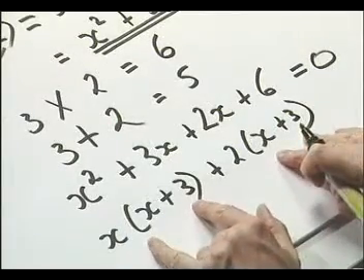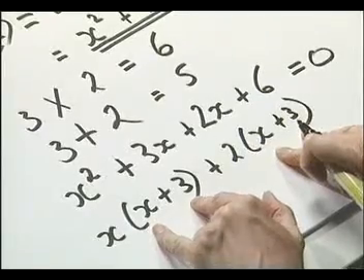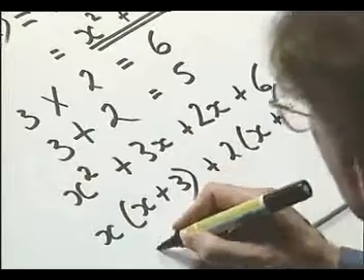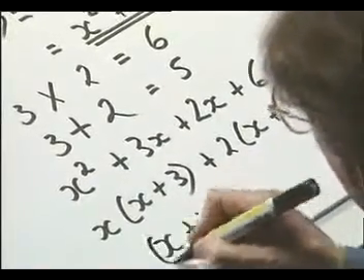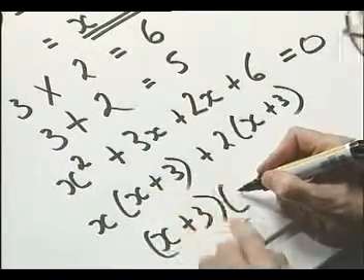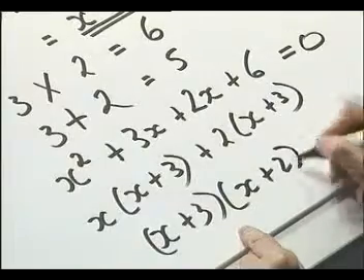And then we've got this common factor of x plus 3 in each of these two lumps of algebra. So we can take out that x plus 3, and we've got the other factor left, x times by x plus 3, and 2 times by x plus 3.